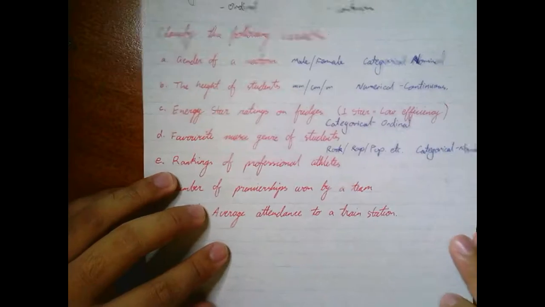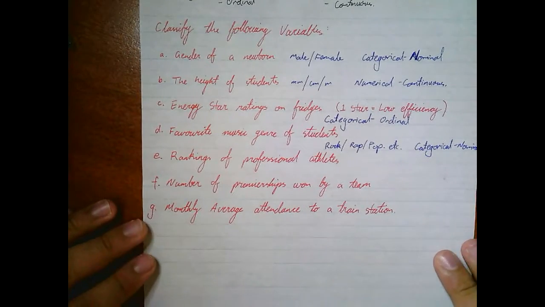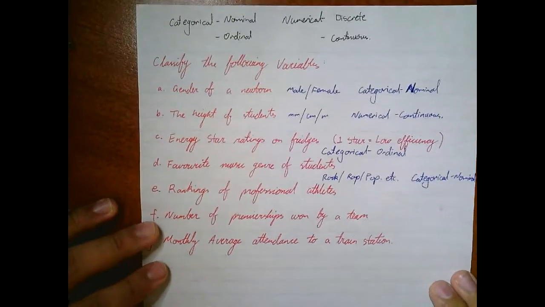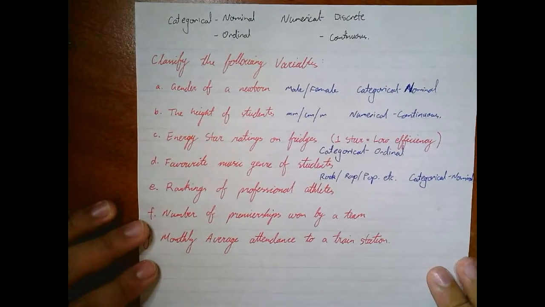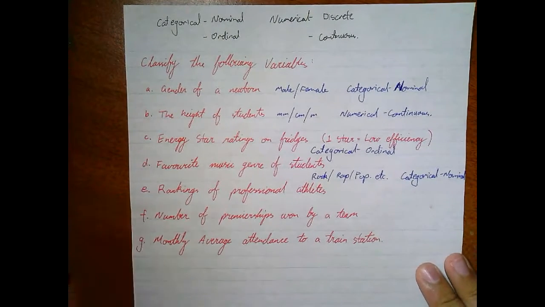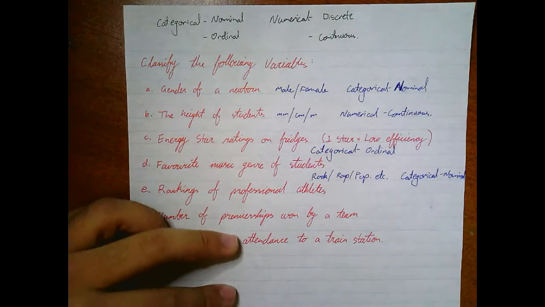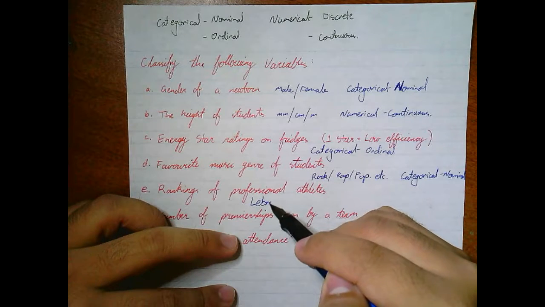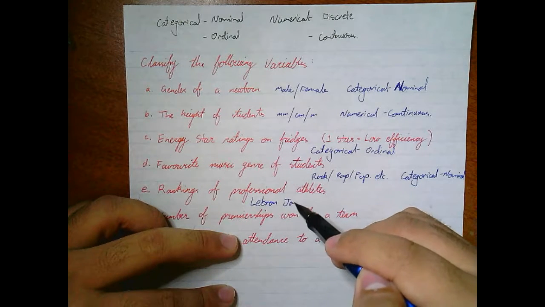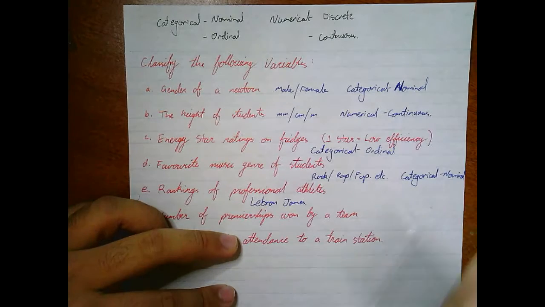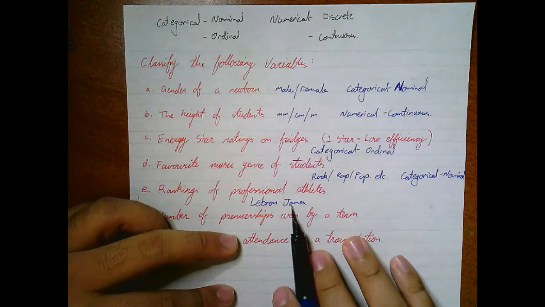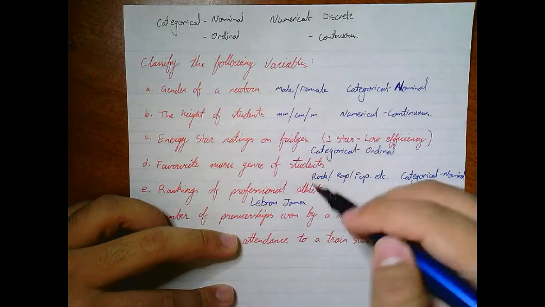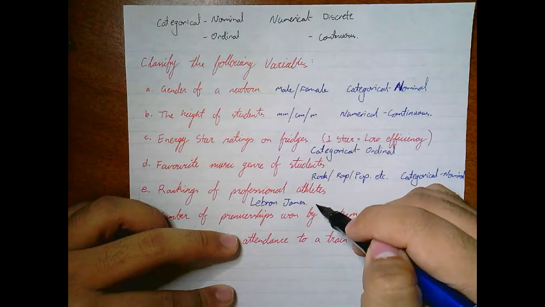Okay, so the ranking of professional athletes. Take for example LeBron James. He can be given a ranking for the number of points.